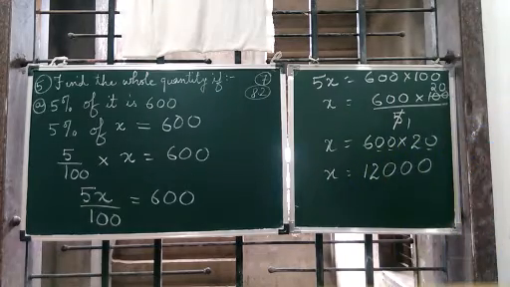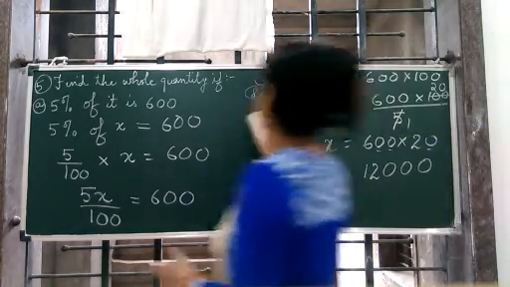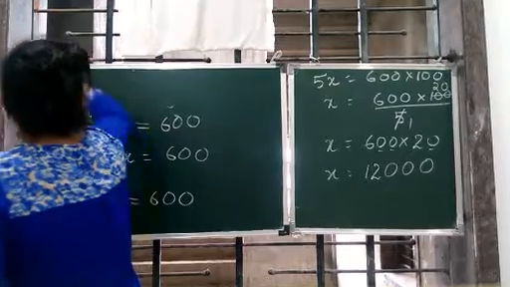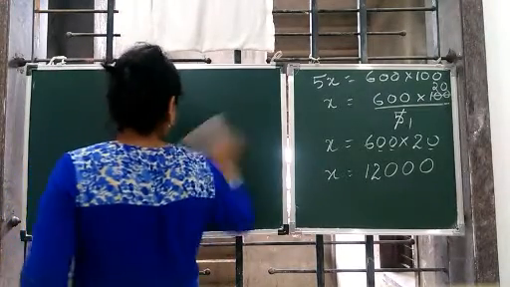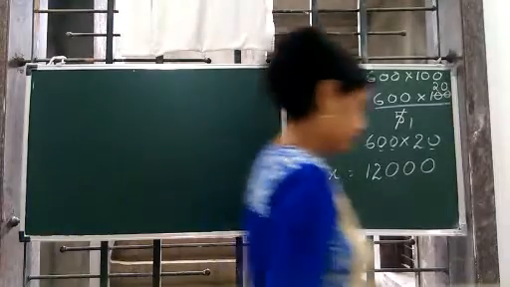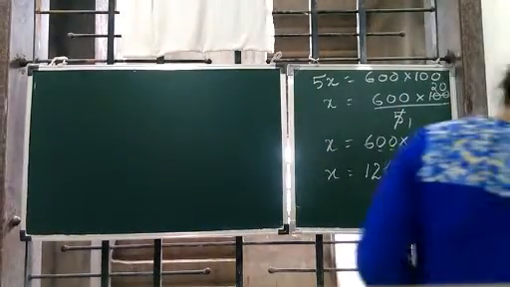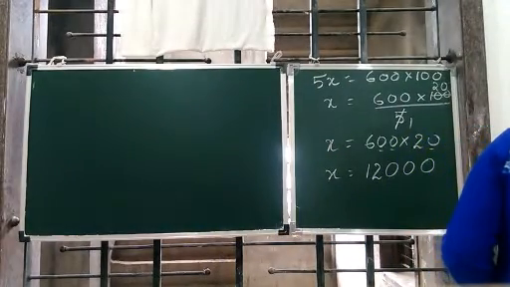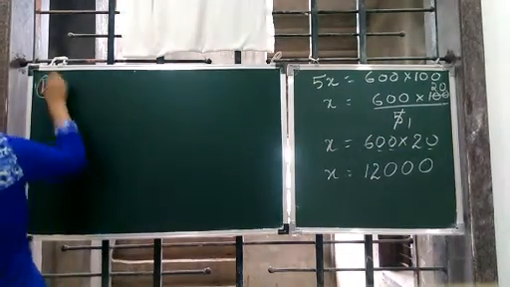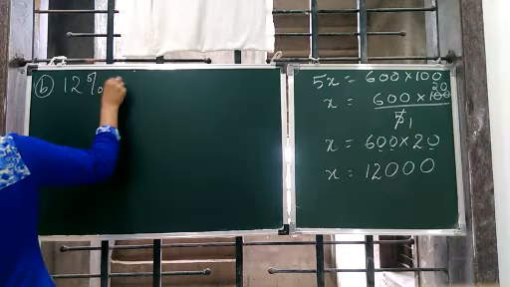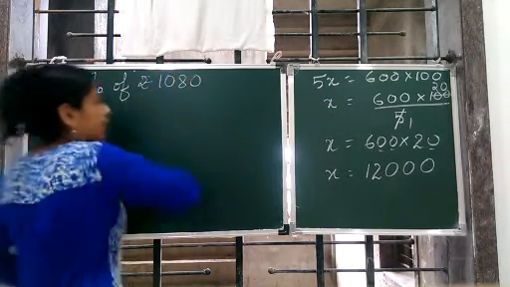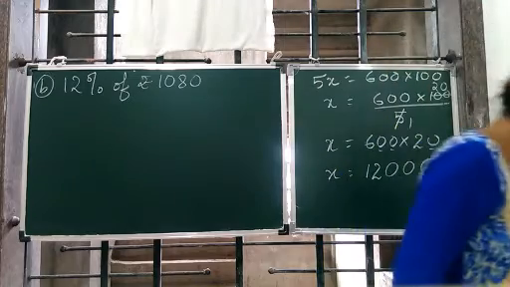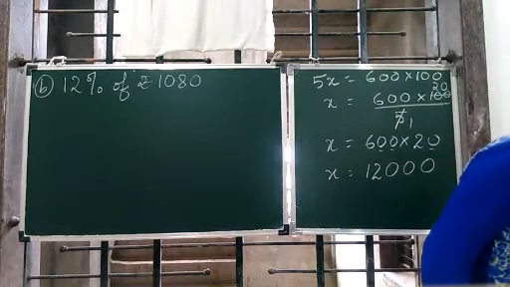This completes A. Now we do B. B is 12% of rupees 1080. Let me check whether I have written right or not, because we are doing which question?